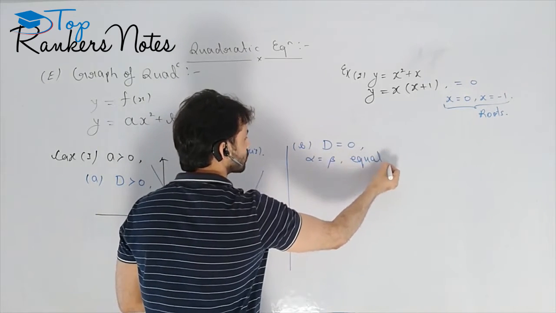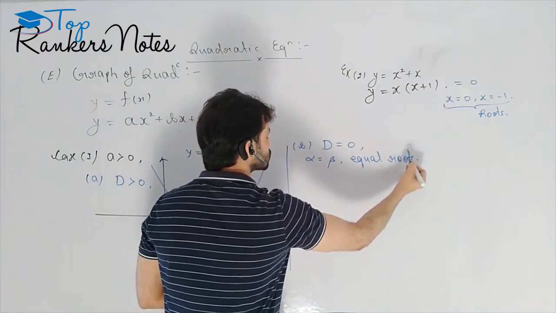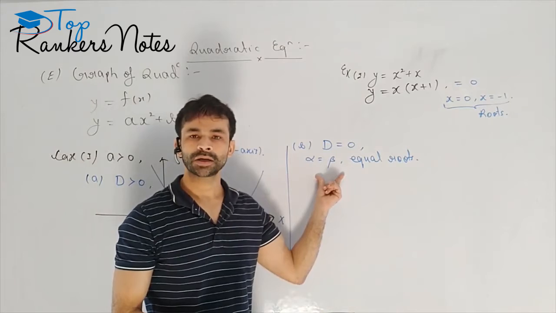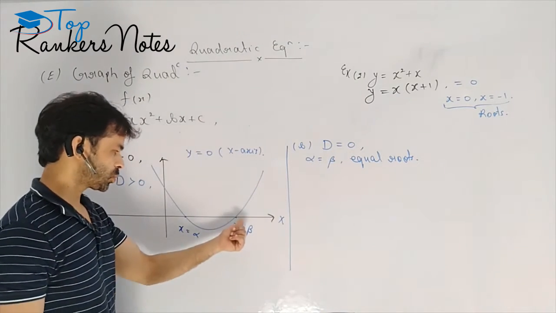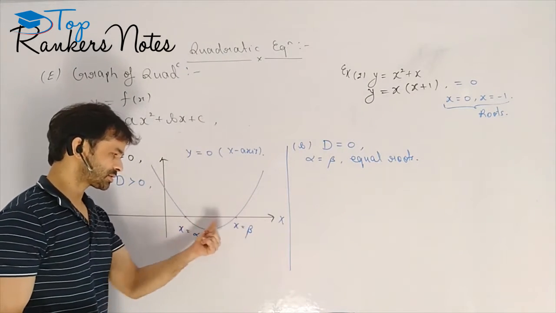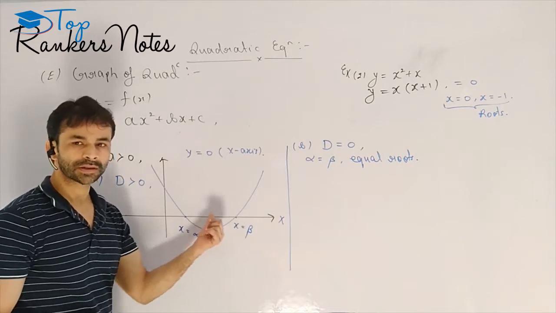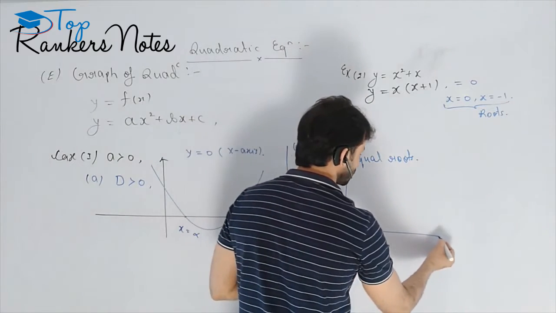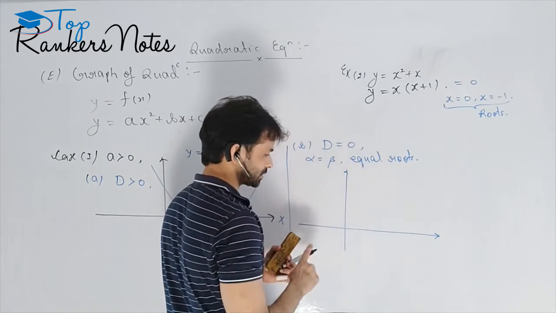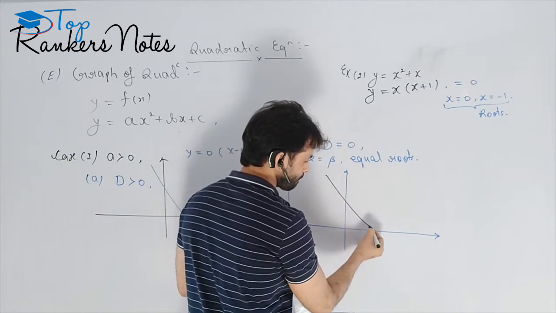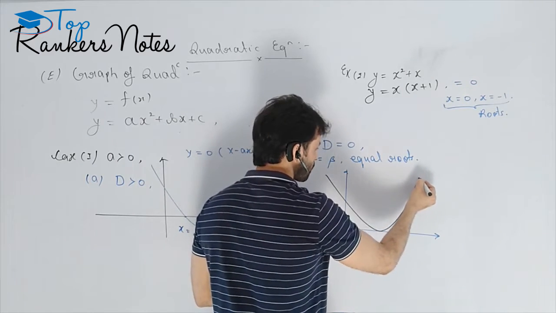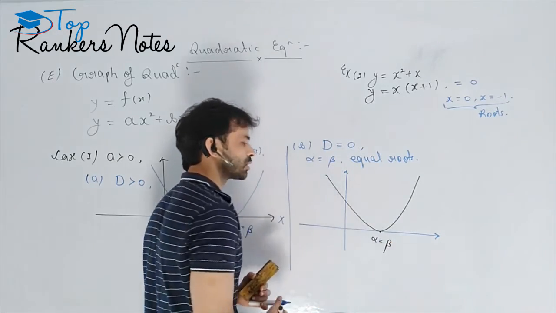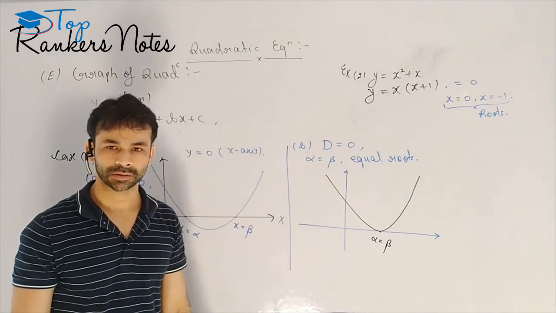So the roots are equal means the point on the x-axis where the graph was cutting the x-axis, these were the roots, and they are equal. So how will the graph be? The graph will be like this, cutting at one point. One point means roots are equal.